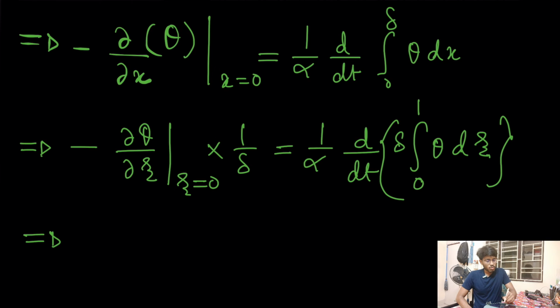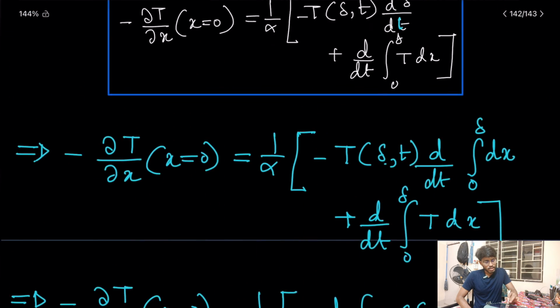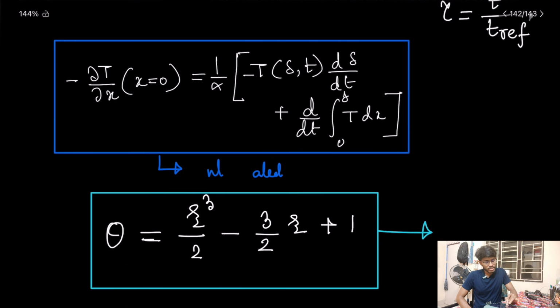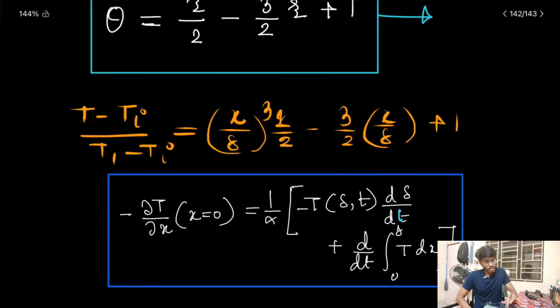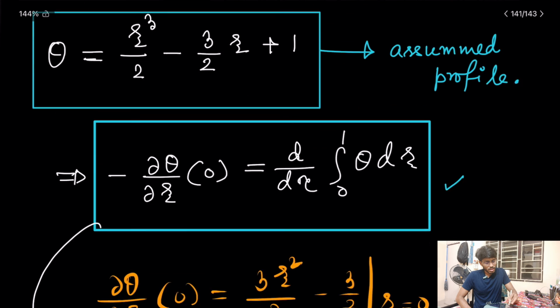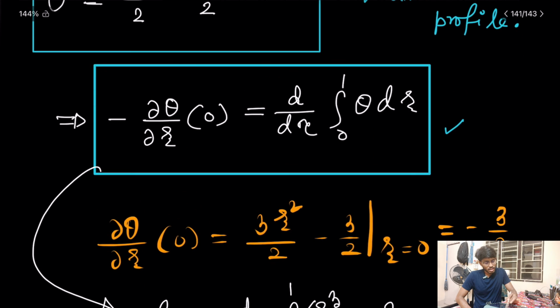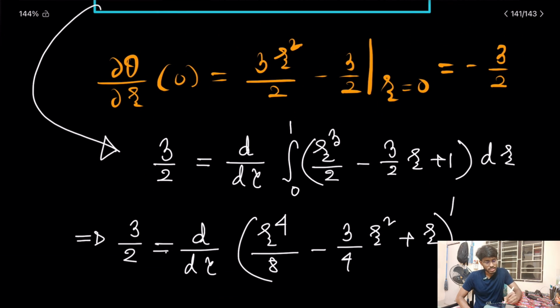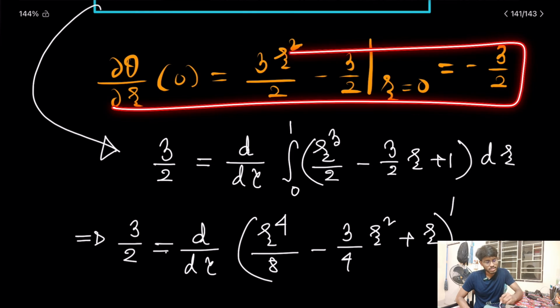So now this we already got as minus 3 by 2, right? Here we got as minus 3 by 2.